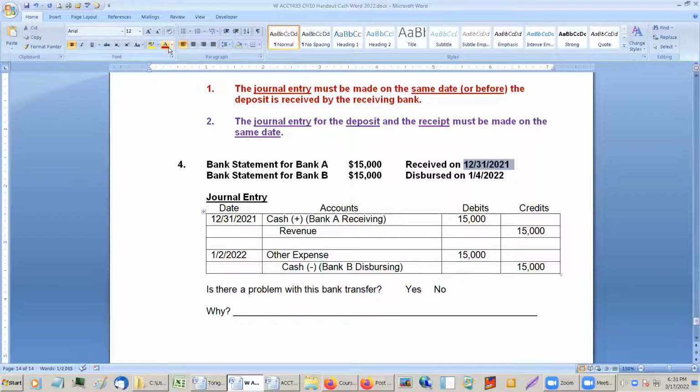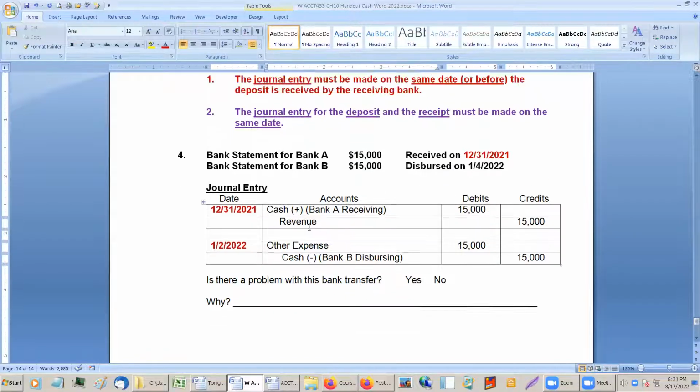Here's the journal entry for the receiving bank. And notice that these are not made on the same date. So they're split up, and this is part of the problem that you can run into.